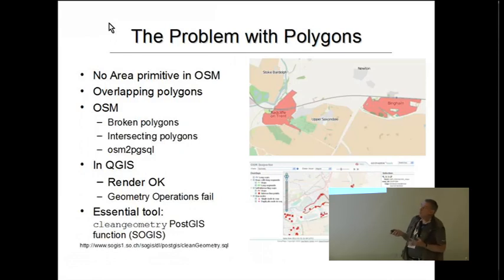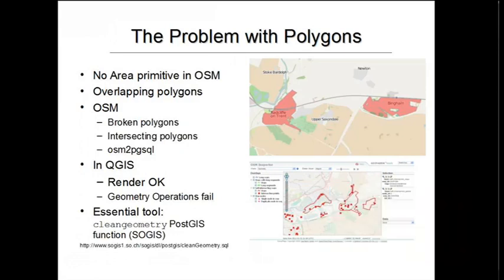If we want to do anything with polygons, we have the problem, first of all, we don't have an area type, so a lot of our polygons are not going to be well formed. But the biggest problem is that we have polygons on top of polygons, and we need really quite sophisticated processing rules to make a single layer of polygons for any particular analysis we need to do.